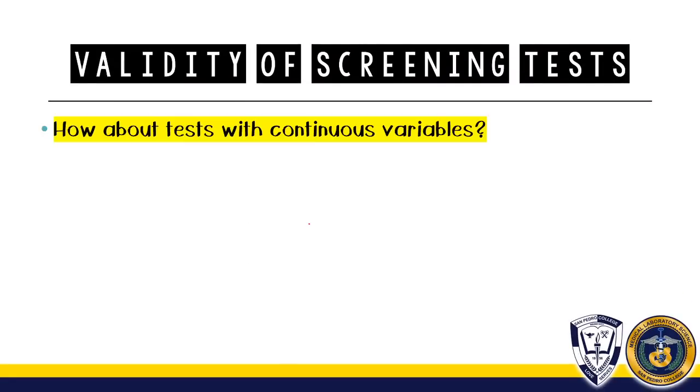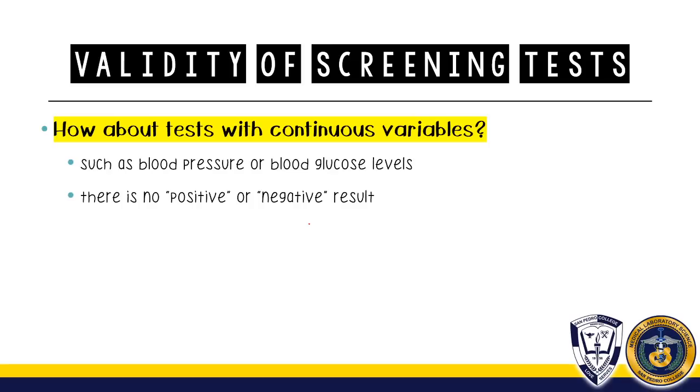Now, since what I discussed earlier was about dichotomous results, just positive and negative, how about tests with continuous variables, such as your blood pressure or your blood glucose level? There is no positive or negative result for these. When you have your BP taken, it is not just positive or negative.